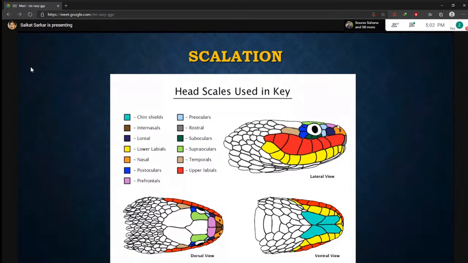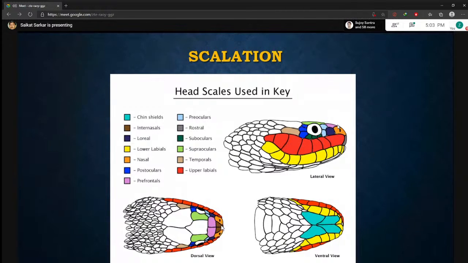So say this is, and these are different color codes that are being used to designate different scales. So this is the rostral scale, which we call lip, lips. This is the rostral scale. These two are nasals, as you can find this nasal aperture there.